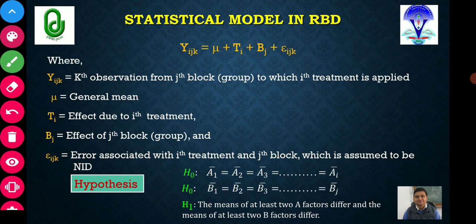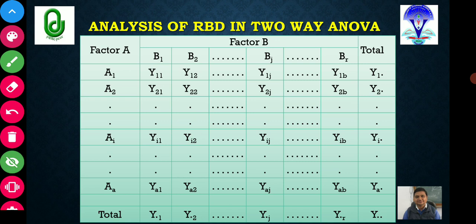Now just see, this is the table we are preparing, showing how we are applying the treatment to different animals. Suppose in this example, how we are applying feed to different breeds.